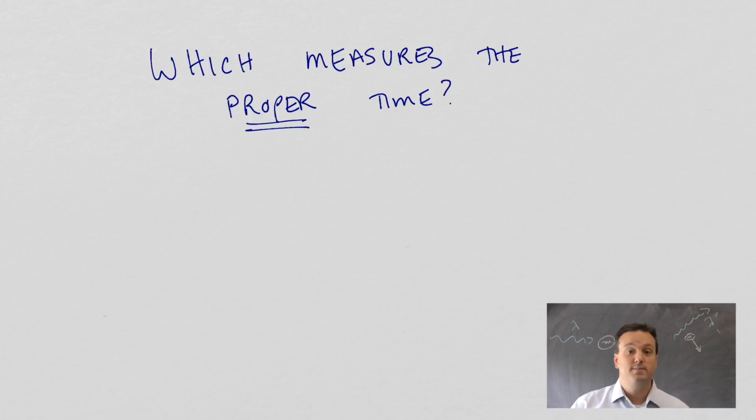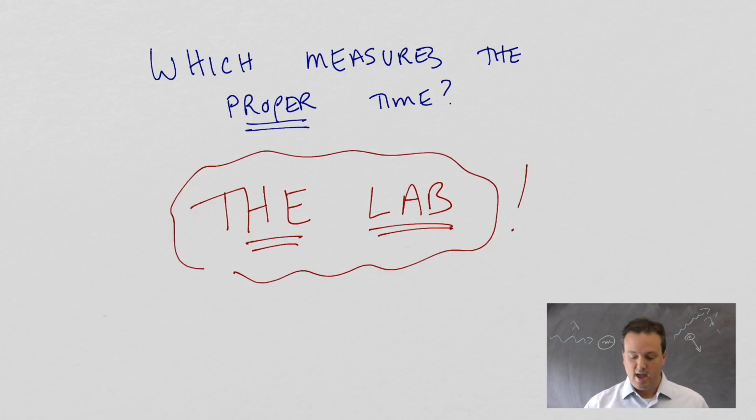So the reference frame that's actually measuring the proper time is the reference frame in which all of the stick, namely the front and the back, hit the same location in space, and therefore it's the lab that's measuring the proper time, because I'm standing still in the lab, and I'm watching the stick pass by me, and therefore I have the right to measure the proper time, because it's in my reference frame that everything is happening at the same location in space.